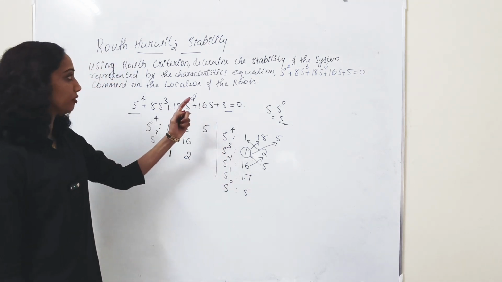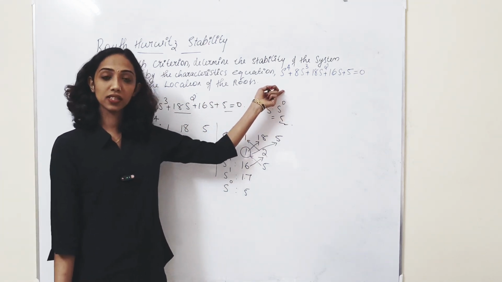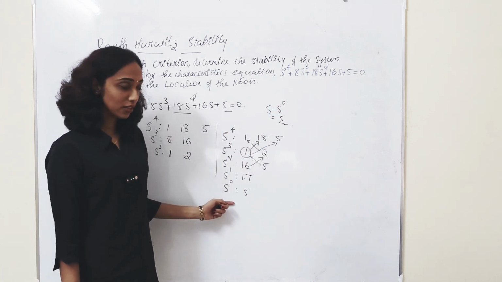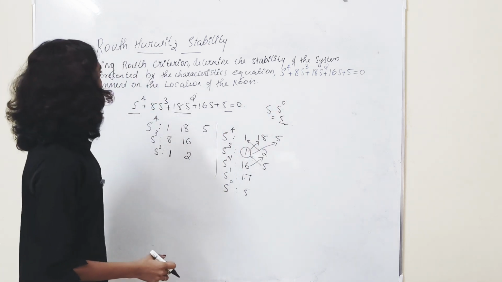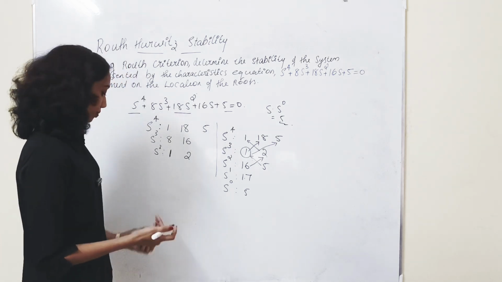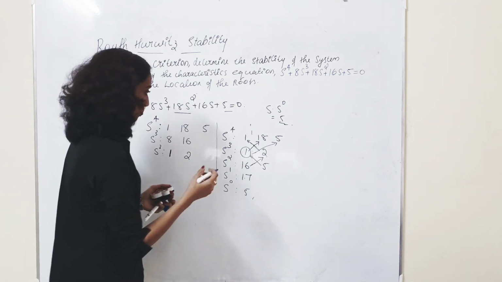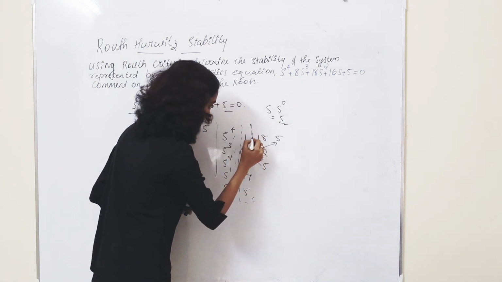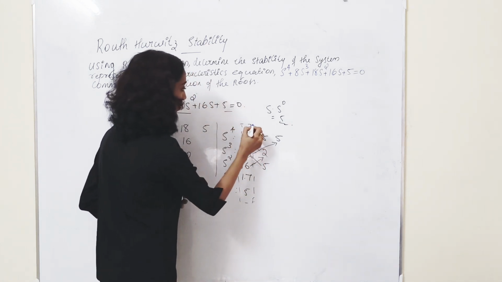This equation starts from the highest order in the characteristics equation, s raised to 4, and we can end up to s raised to 0. Then you have to check whether the system is stable or not, right? For that, I'll mark it by the blue ink. Check this first column numbers.